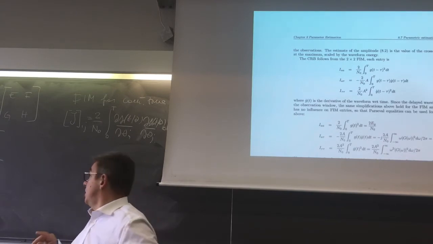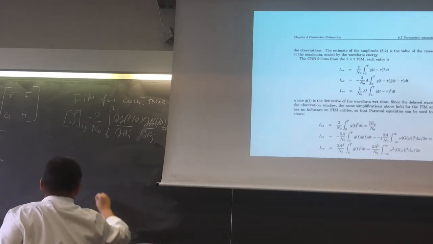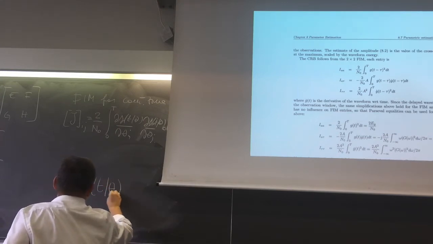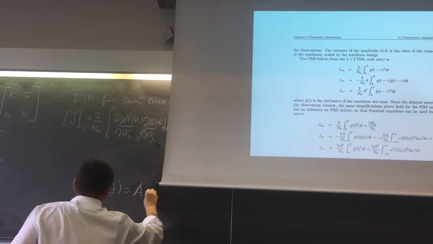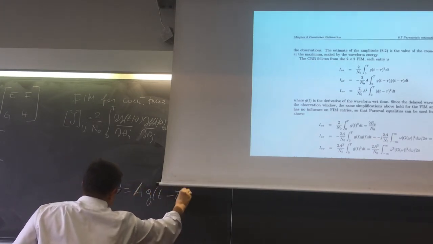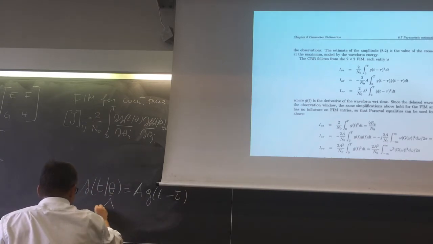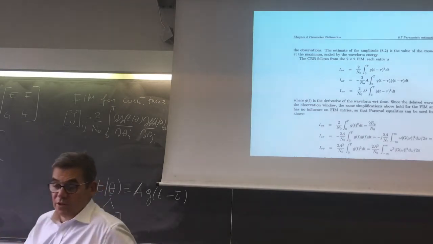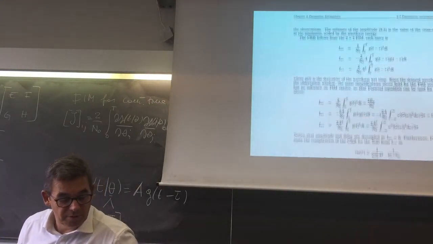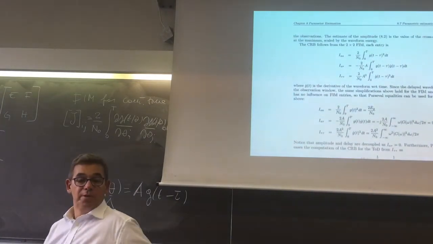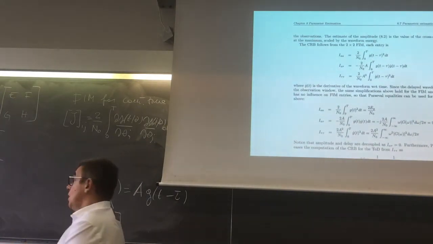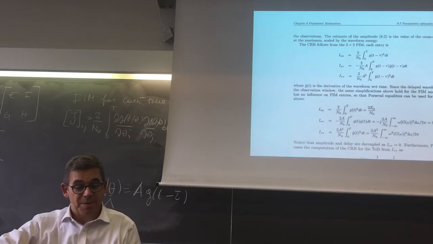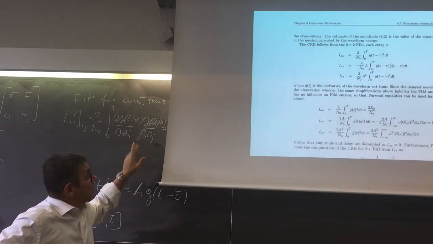The model is s(t; theta) equal to A g(t minus tau), and the parameters theta are amplitude and tau. So this is what we need to calculate. Now let's read the formula and apply it.